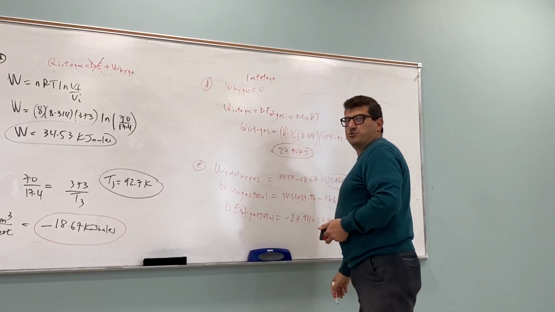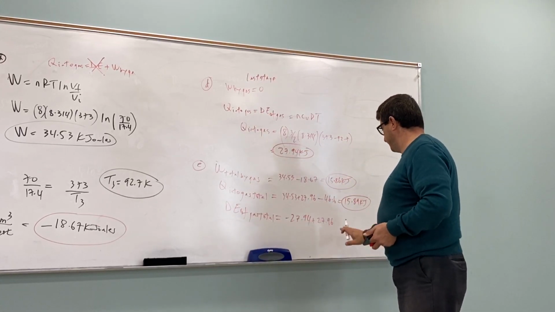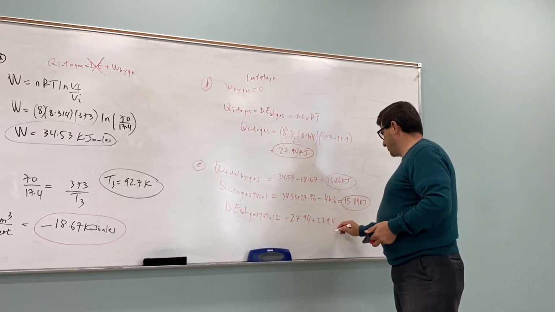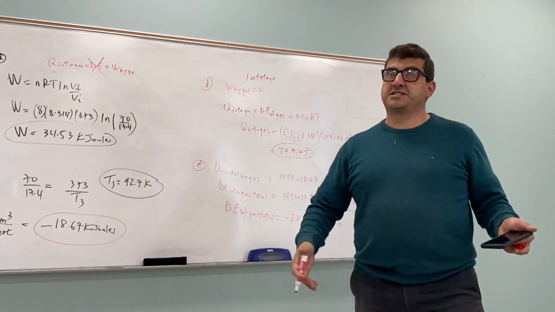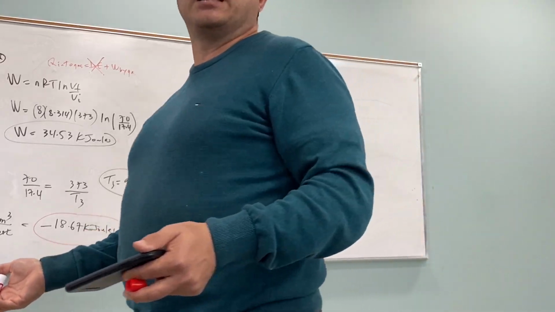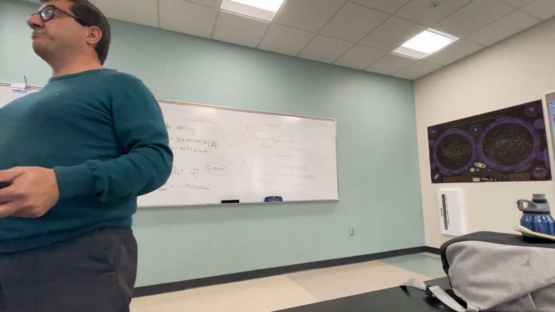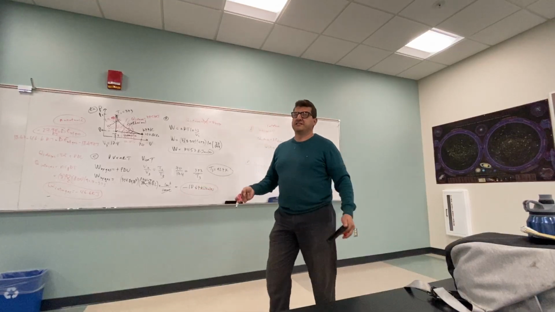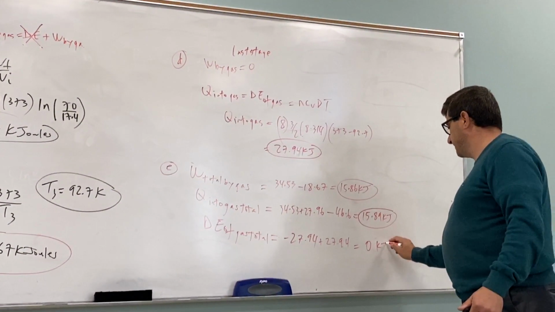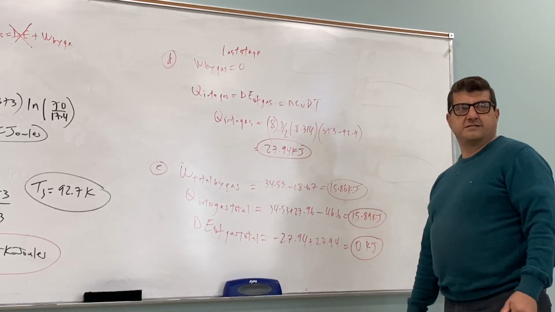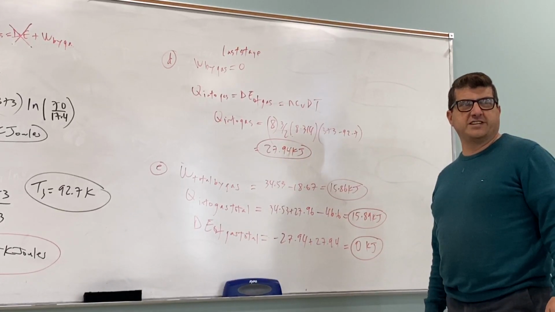This one should also be 27.94. And what should the change in energy be, because it's coming back to the same state that it began? Same temperature, same pressure, right? So this should be 0 if you did it right. Oh, okay, that's a sign that we've done it right.